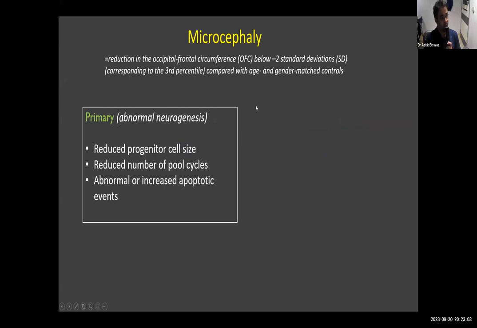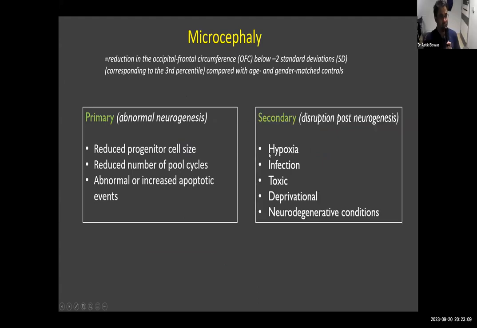Primary microcephaly is when it has occurred at birth, whereas secondary is a disruption post neurogenesis and postnatally. You can see there are many causes for primary microcephaly, for example, the progenitor cell size.